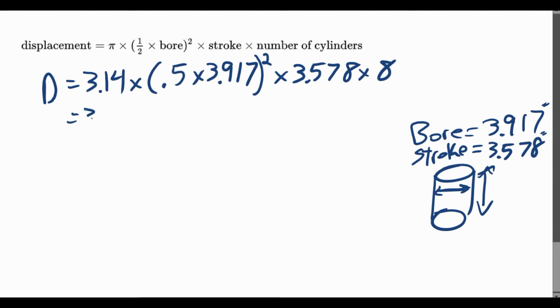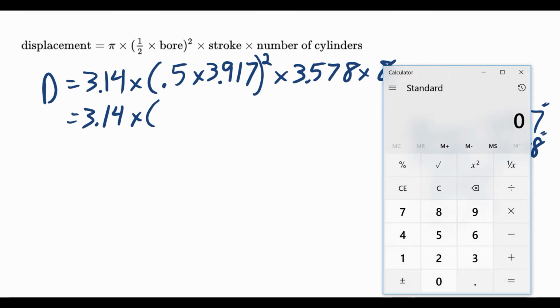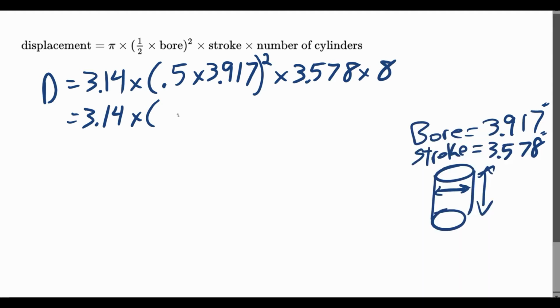Good, let's do that again. 3.14 times, now what will this be? Let's calculate that. We've got 0.5 times 3.917 equals 1.9585.